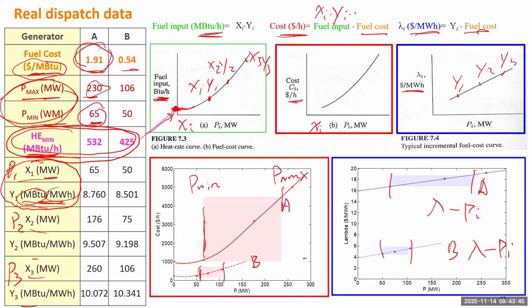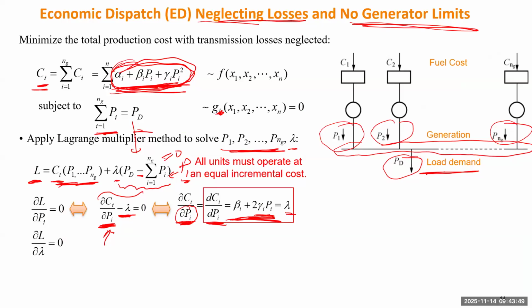But from our derivation on that simple example, all the costs need to increase at the same speed of lambda. And from this equation, we immediately know that if we know the price, we can find the value of the output.